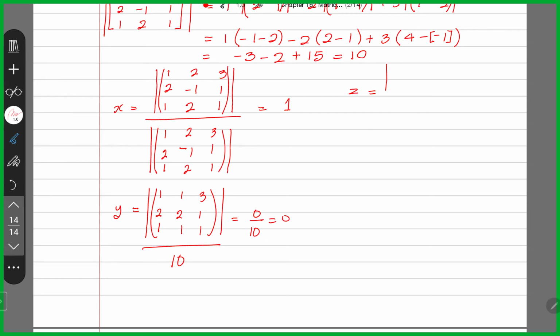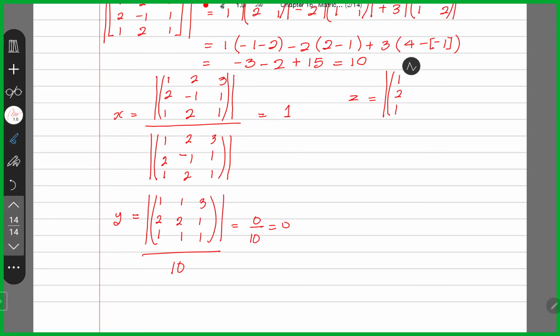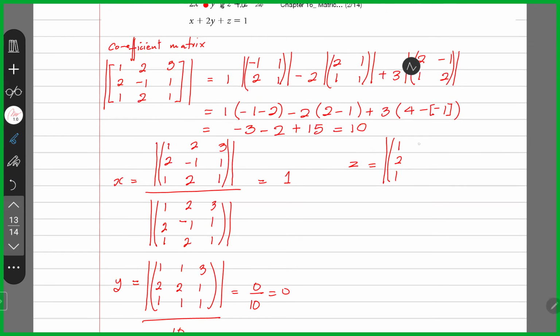Let's go for z. And I think z is going to be the same issue. 1, 2, 1, the y coefficients, but you're going to replace 3, 1, 1 with 1, 2, 1. So again, two of the columns are identical.